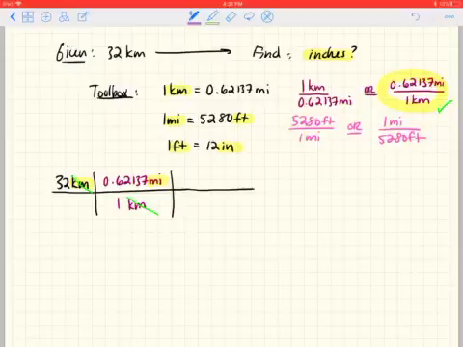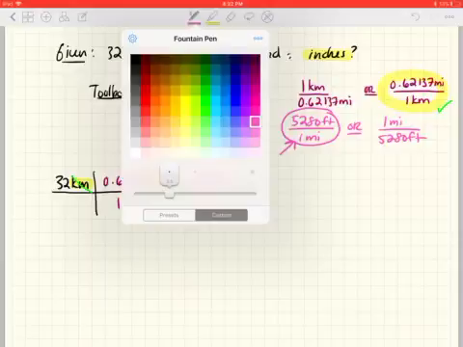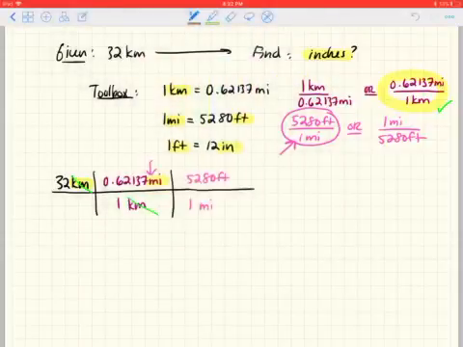The one that I choose, again, depends on the problem. In this case, I notice that miles is on top, so I want miles on the bottom to cancel it out. So that means I'm going to be using this first version right there. So 1 mile goes on the bottom, 5,280 feet will go on top. And I noticed that everything cancels out beautifully, diagonally that is, and now I'm left with feet on top.